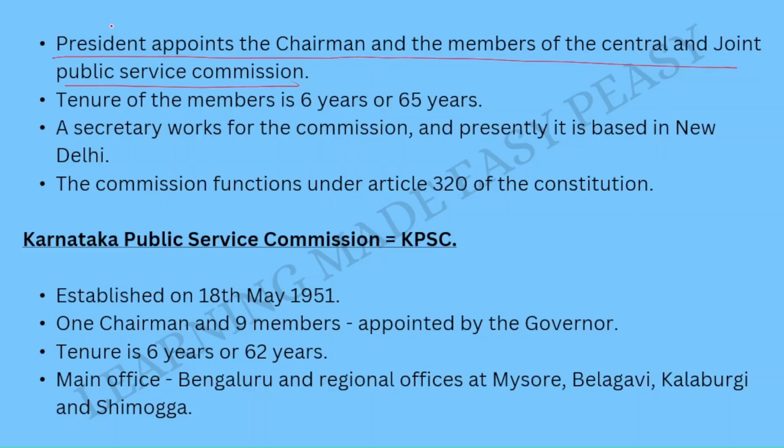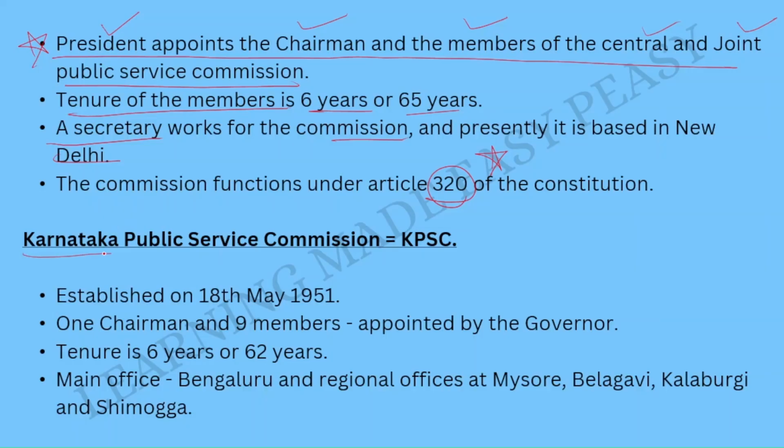This is to be remembered. Tenure of the members is 6 years or 65 years, whichever is earlier. A secretary works for the commission and presently it is based in New Delhi. The commission functions under Article 320 of the Constitution. This is again important.